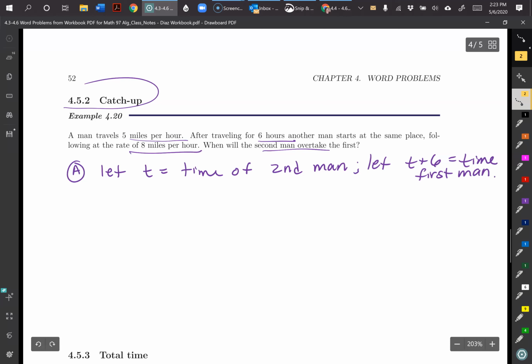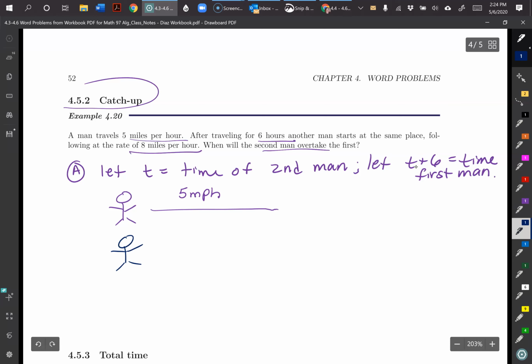So we have our little drawings we'll put on. We have person 1 setting out going along, and they're going 5 miles per hour is the rate. Then we have the second person going along.